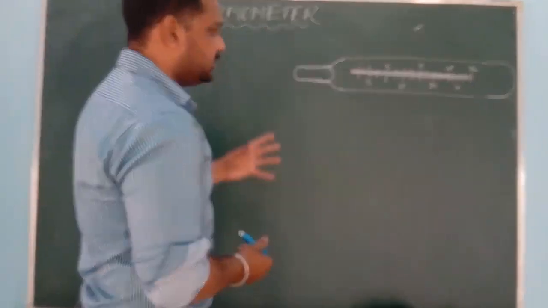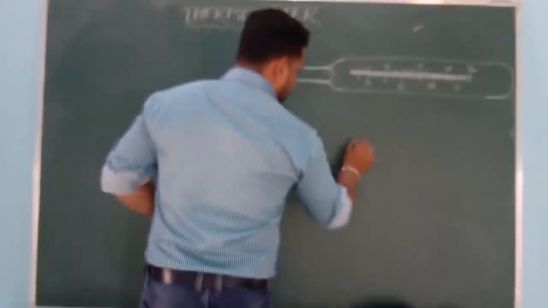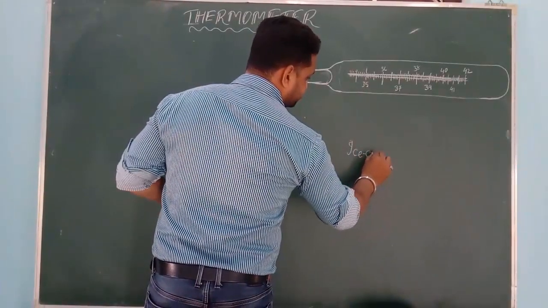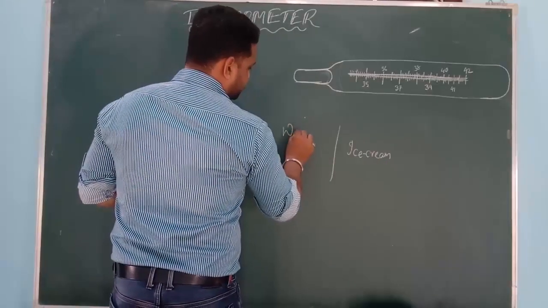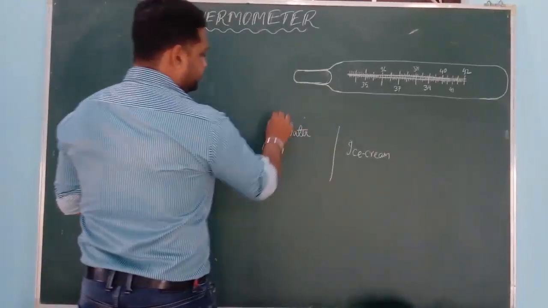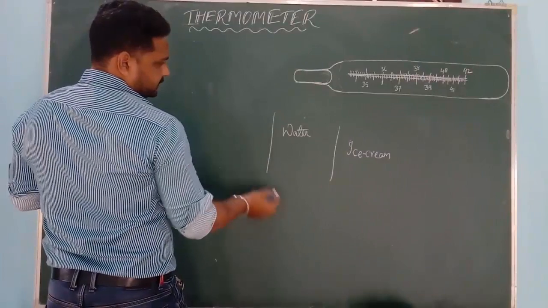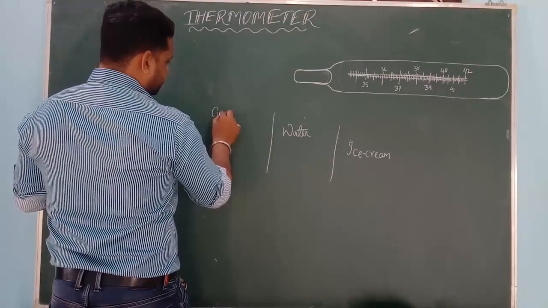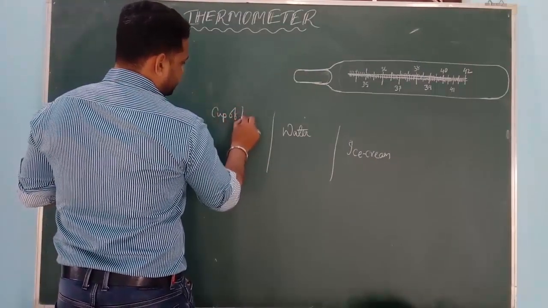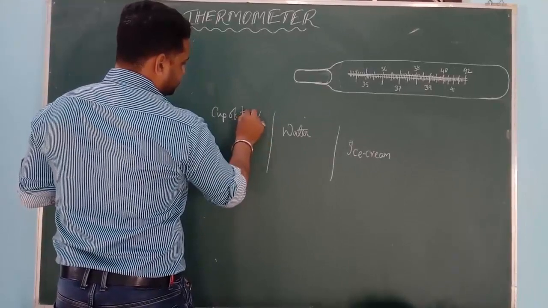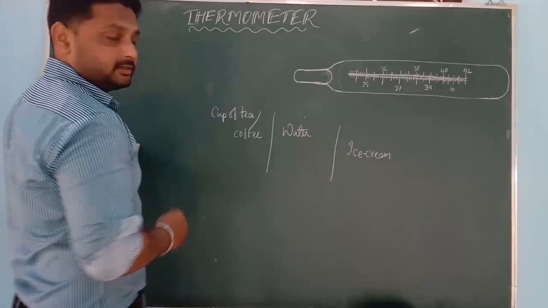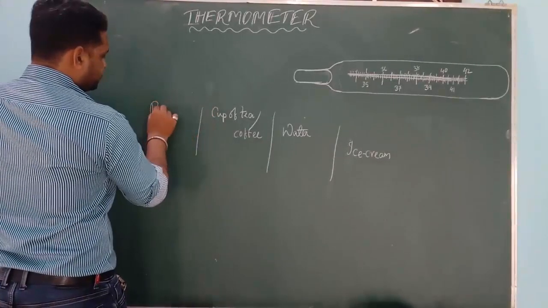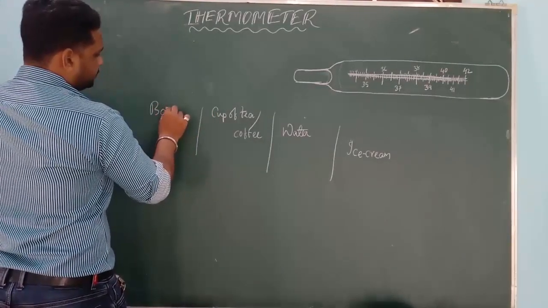We took three different things: an ice cream bar, normal water, a cup of tea or coffee, and boiling water.